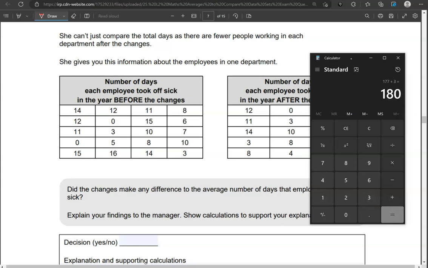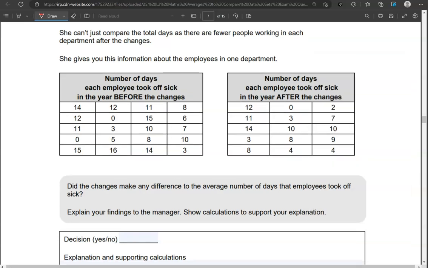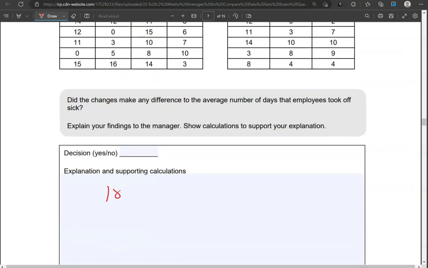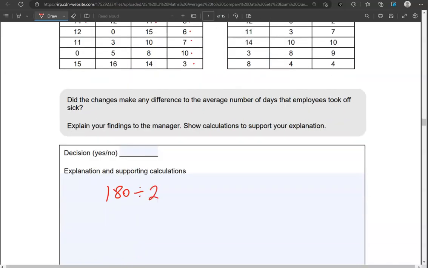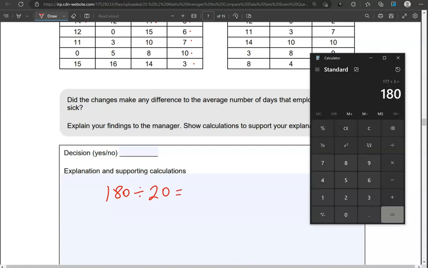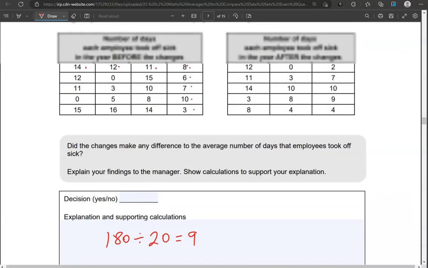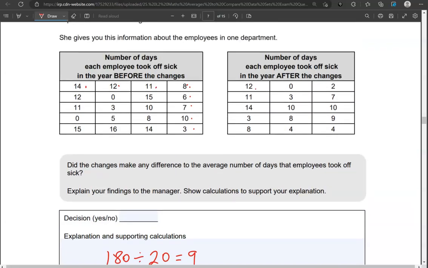So that is 180 in total. So 180 divided by 1, 2, 3, 4 times 1, 2, 3, 4, 5. So that is 20. 180 divided by 20 gives us 9.